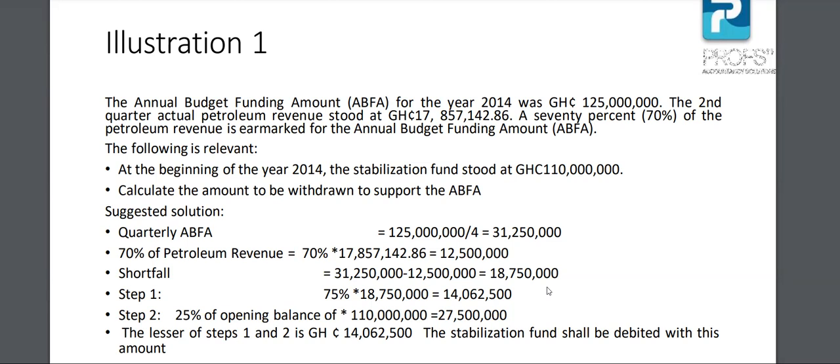So the lesser of it is going to be the 14 million, which means that for that particular quarter, we can withdraw the 14 million from the stabilization fund and top up for the actual. Then government can be able to handle all the infrastructural activities.